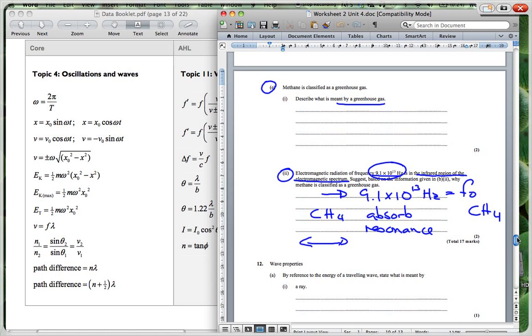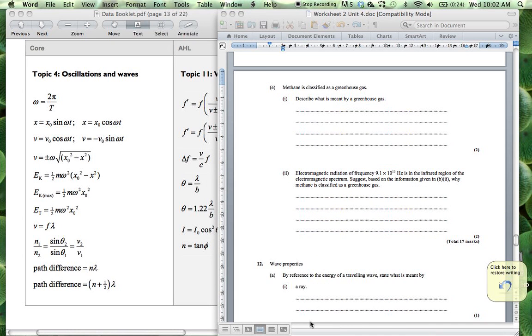The amplitude is going to increase, and because of that, the speed will increase, and because temperature is proportional to the average kinetic energy, the EK of those molecules, your temperature is going to increase, so that causes a warming effect.